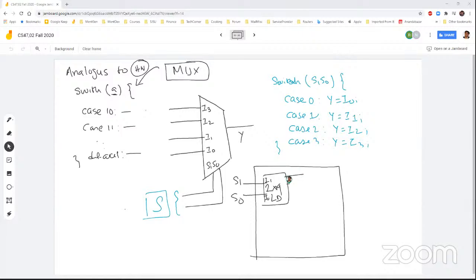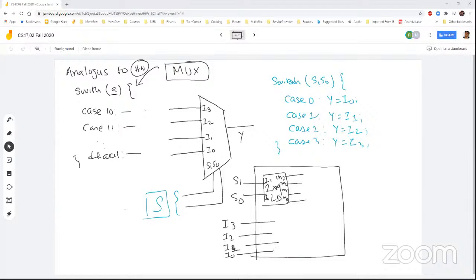And it has outputs M3, M2, M1, and M0. They are basically your corresponding minterms. And then you have these 4 lines to select from to route to the output side.